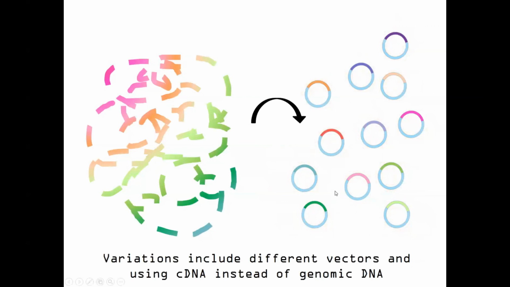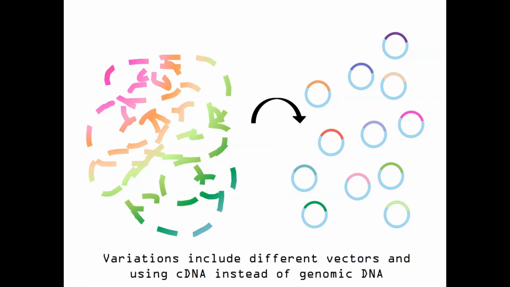So we'll see not always bacteria, and sometimes we will have cDNA instead of genomic DNA. That would represent all of the genes turned on in this genome instead of genomic fragments, so they would be ready to produce protein. So we've got a couple of things we can do.